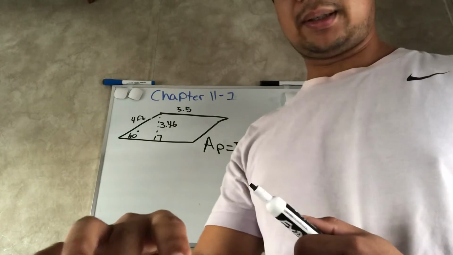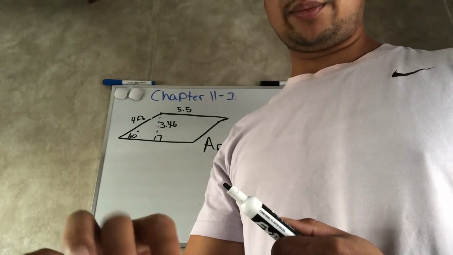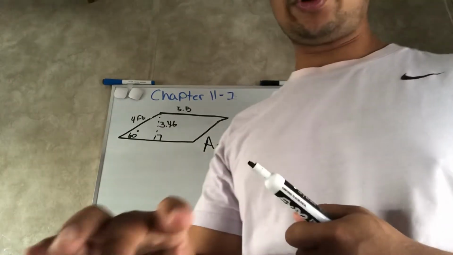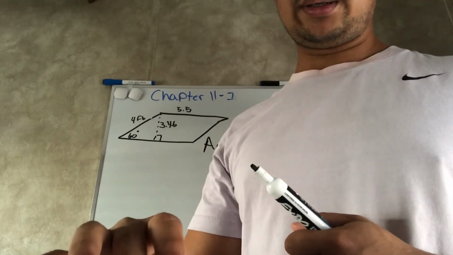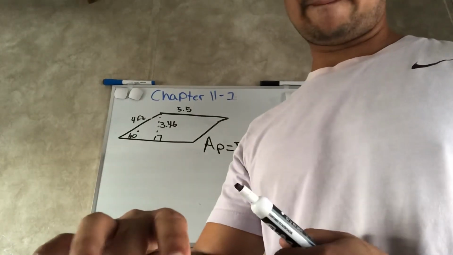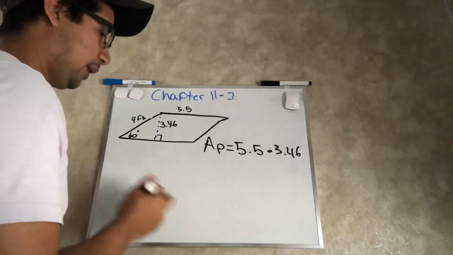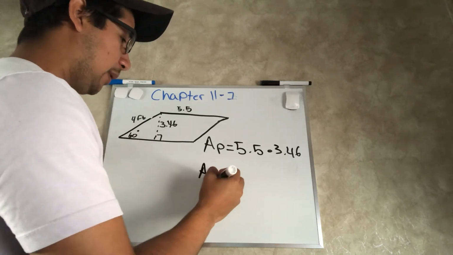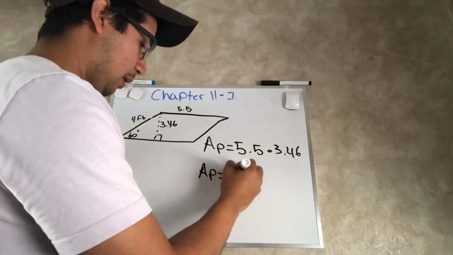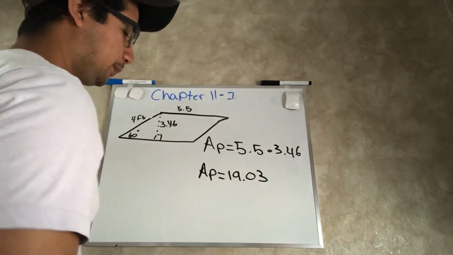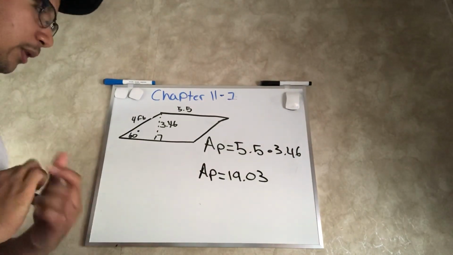So we have 5.5 times my height, which is 3.46. That's about 19.03. So my area for the parallelogram is going to be 19.03. Okay, and that's it. That's how you work that one out, guys.